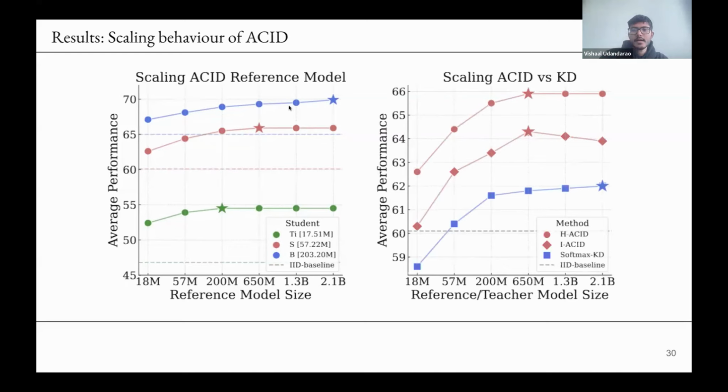On the right-hand side, essentially, we take our best ACID configuration that we swept on from the left side of the plot and try to figure out how much better we are doing than just softmax knowledge distillation, which is our baseline, if you remember. So on the blue line, we are plotting the same student model across different teacher sizes using knowledge distillation.